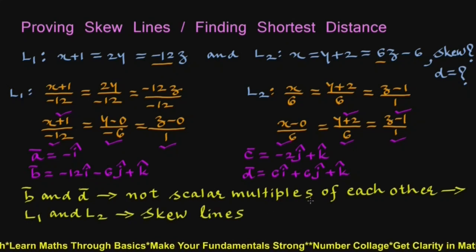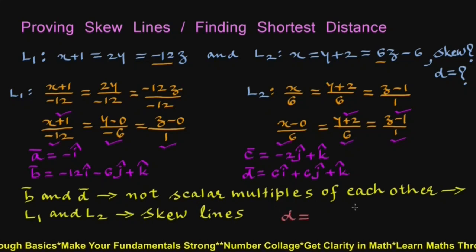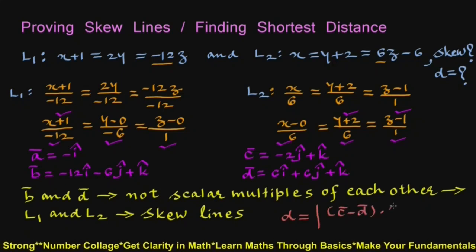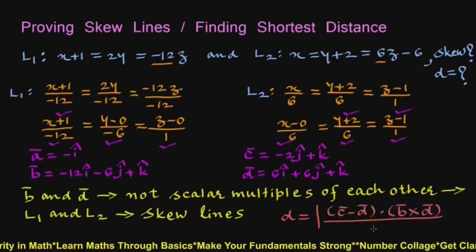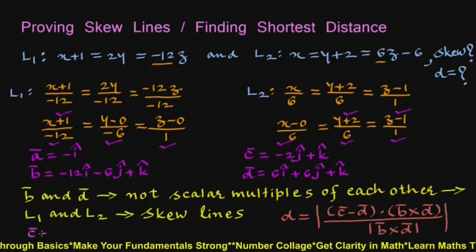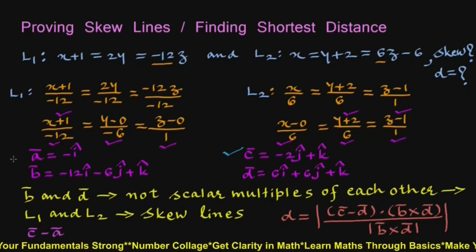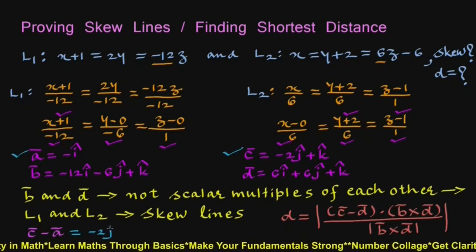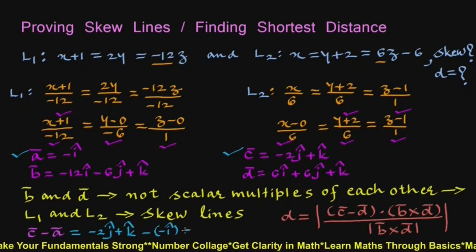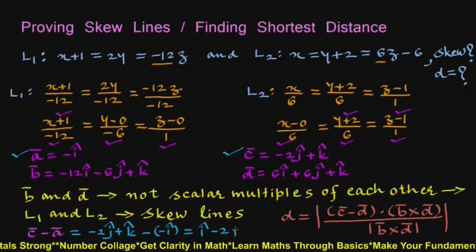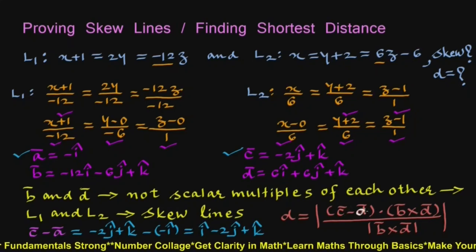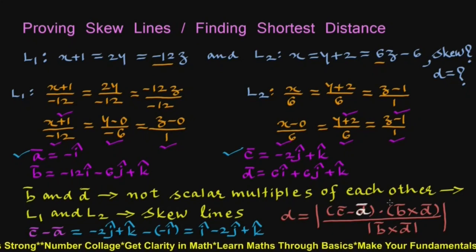Now to find the shortest distance d between them by the formula (c − a) dot (b cross d) upon mod (b cross d), we have to find c − a, from here −2j + k minus (−i), that is i − 2j + k. There is one correction. This should be minus a and not minus d.